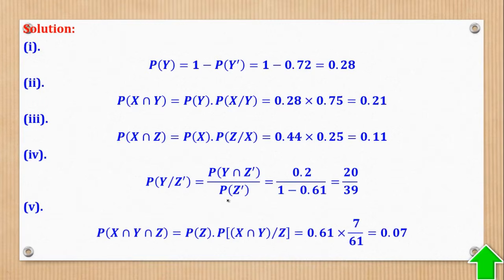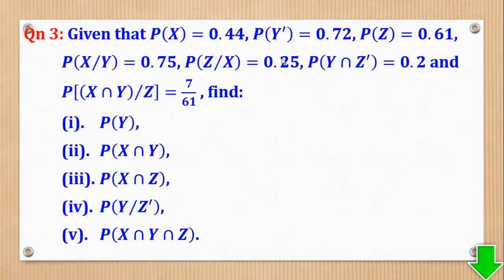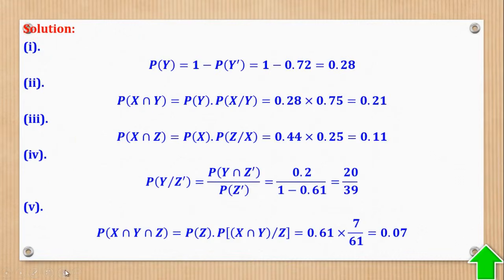So still from Bayes' theorem, probability of this is what has already occurred, so that is what I multiply with the conditional probability. And the good thing, the whole of this conditional probability, I know it is there in the question. So if we come here, we're told that probability of x intersection y everything given z is 7/61, which is here.